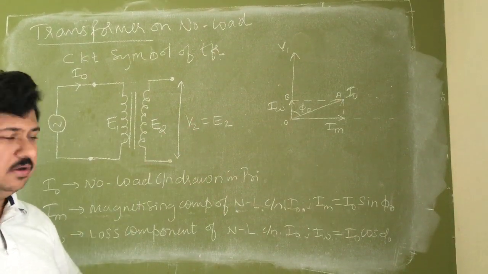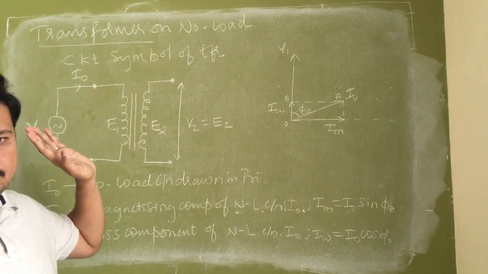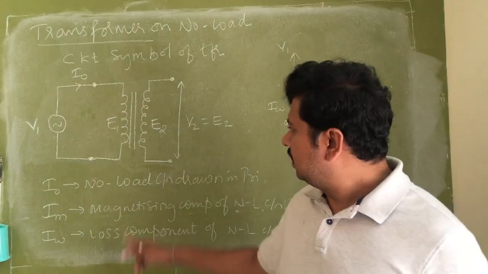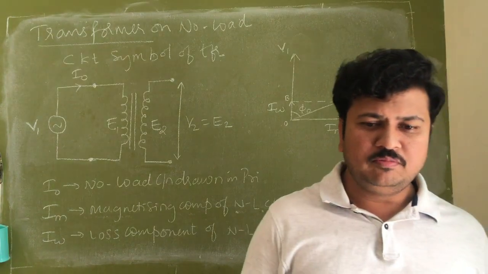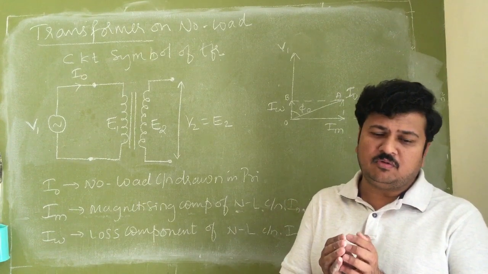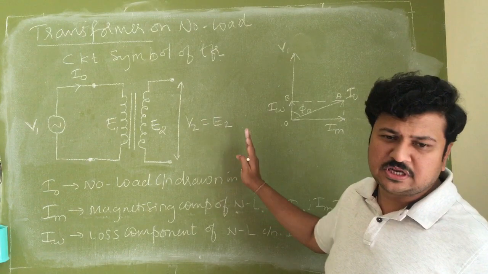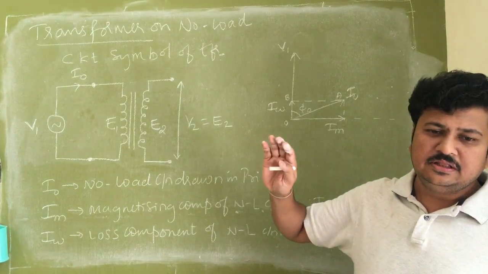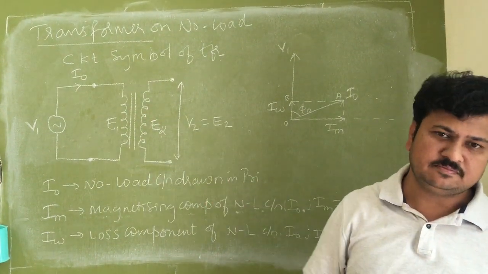Because there are some losses in the transformer. The transformer consumes some power to keep itself operating, and that power is not transferred to the secondary side. Hence, I consider that power consumption by the transformer itself as the power loss.